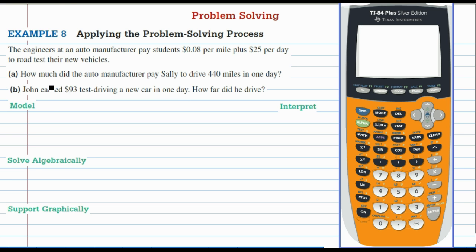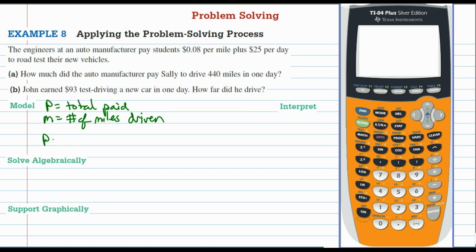The two variables we have are P, which is going to represent the total paid, and you can call that Y or Q, it doesn't matter, and M equals the number of miles driven.